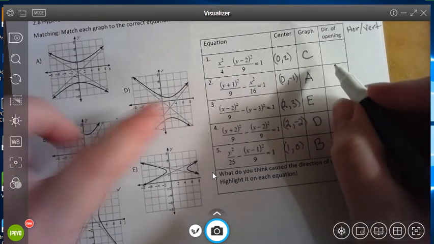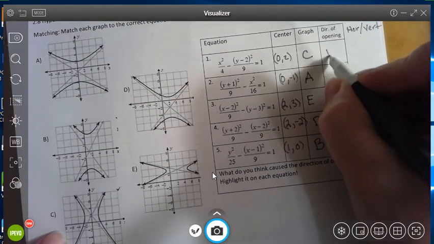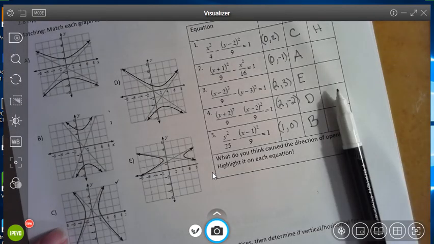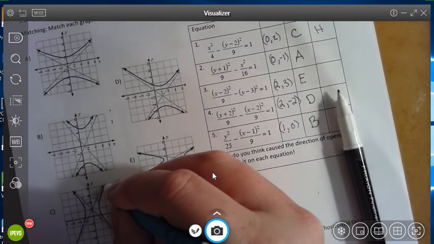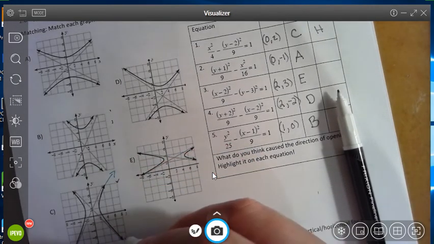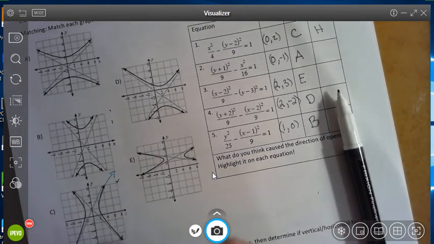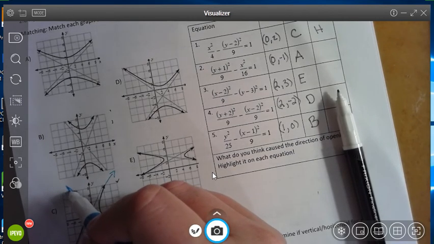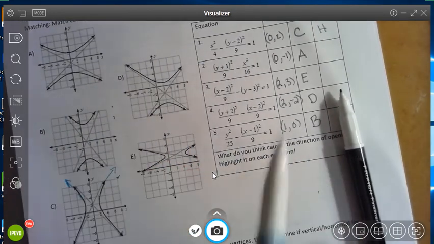So the first one is going to be number 1 on C. This is horizontal. I don't know how well you can see this, so I'm going to grab another pen and point this out. This is opening up as if it's a parabola this way, and this side opens up as if it is going around the x-axis. So we call that horizontal.